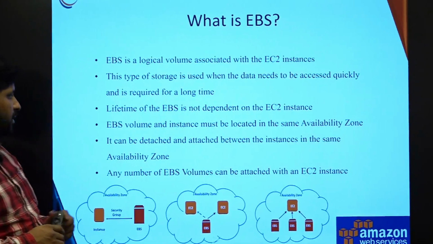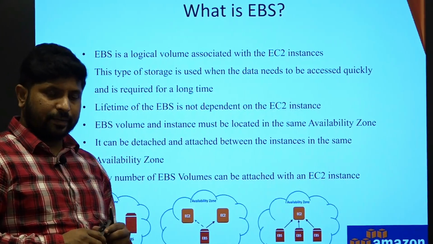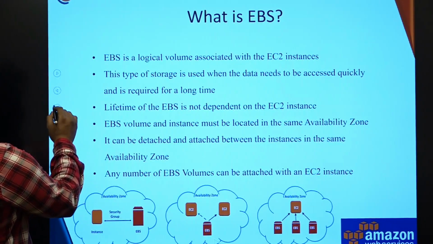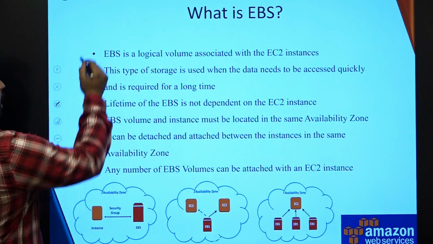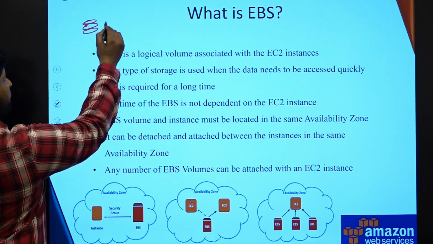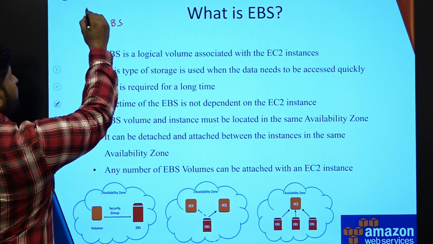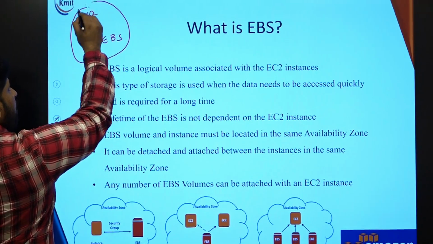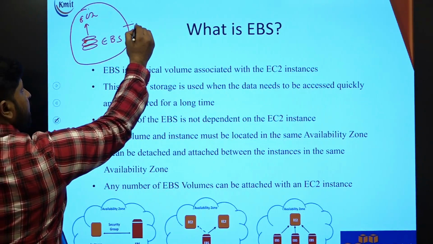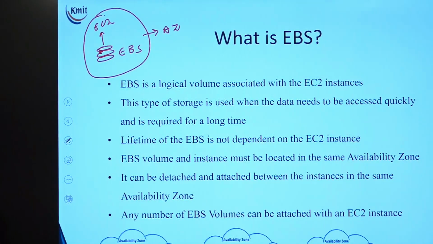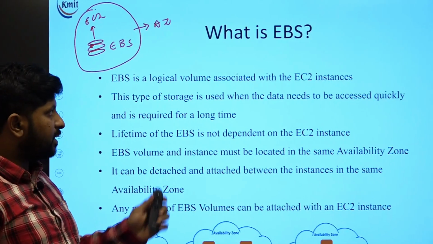EBS volumes and instances must be located together. One particular limitation with EBS is that the EBS which is associated with the EC2, both the EC2 and EBS, should be in the same availability zone. This is one limitation which EBS comes with.